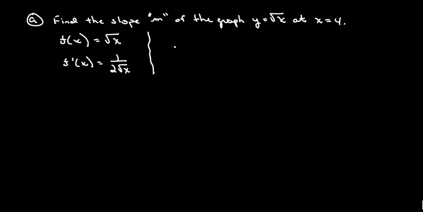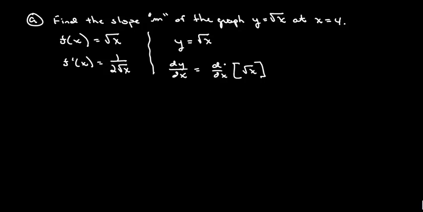Another way of saying this is that if y is equal to square root of x, then dy dx is equal to d dx of square root of x.